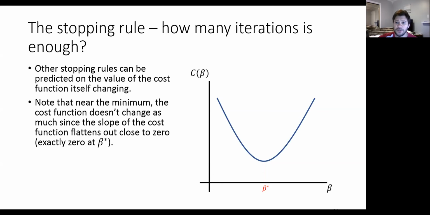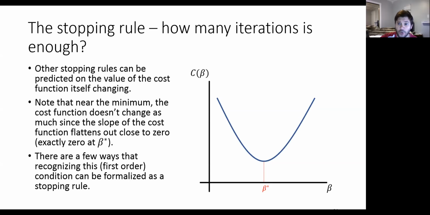So there are a few different ways of recognizing what we refer to here as the first order condition being satisfied. If we're very far away from the solution, then the slope of the tangent line is very far from zero. But as we move closer to the solution, that tangent line flattens out. At beta star, what happens? It gets exactly equal to zero. But as we move away, that tangent line becomes steeper in magnitude in either the positive or the negative direction.